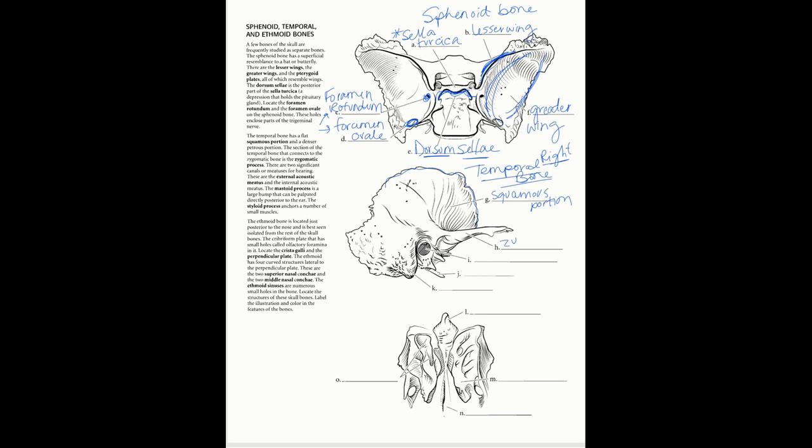H is showing us our zygomatic process. So the little bridge that takes us to the cheekbone. I is the external acoustic meatus. J is our styloid process. And K is our mastoid process.